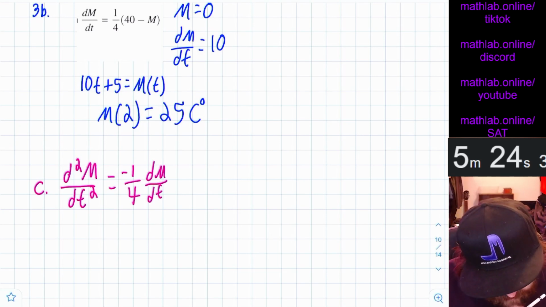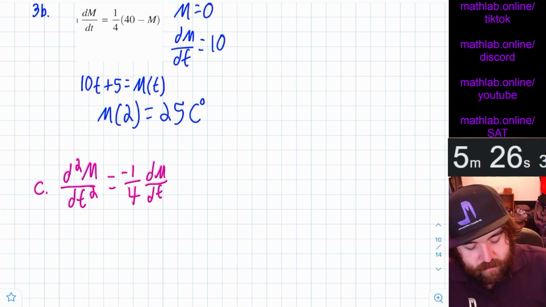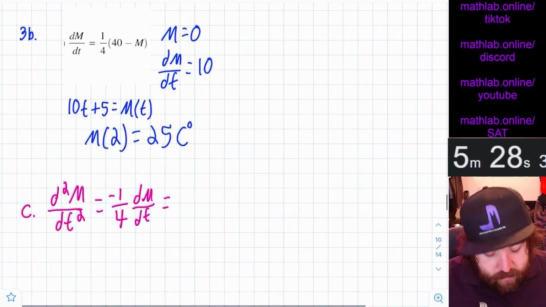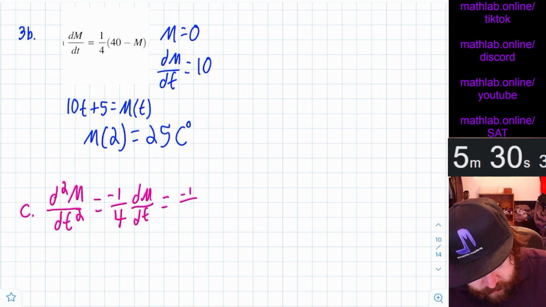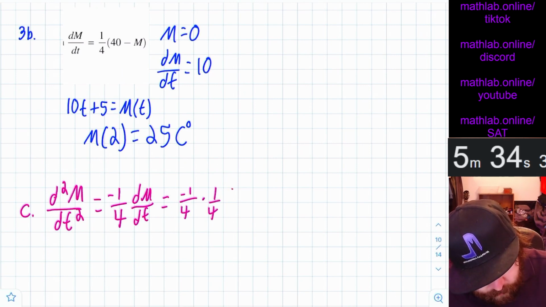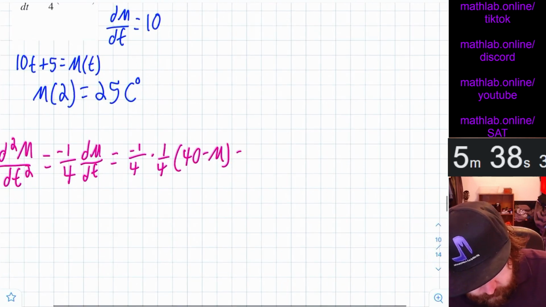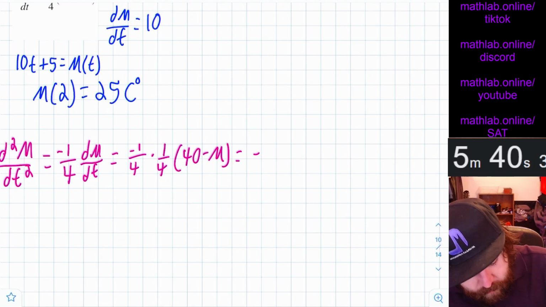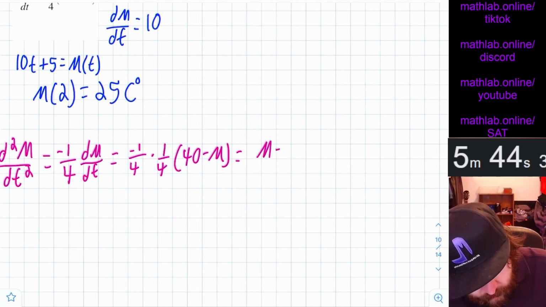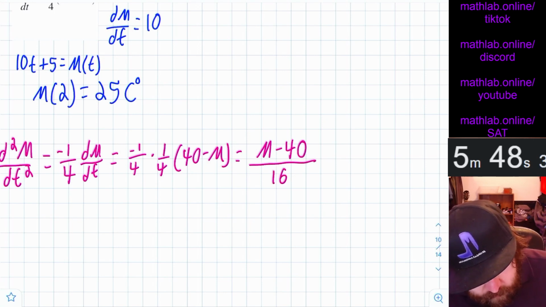And then what is dm dt? Dm dt is this thing up here. So it's negative 1/4 times 1/4 times 40 minus m. I kind of feel like I'm just making all that up. And then let's just distribute the negative. So let's make it m minus 40 over 16.